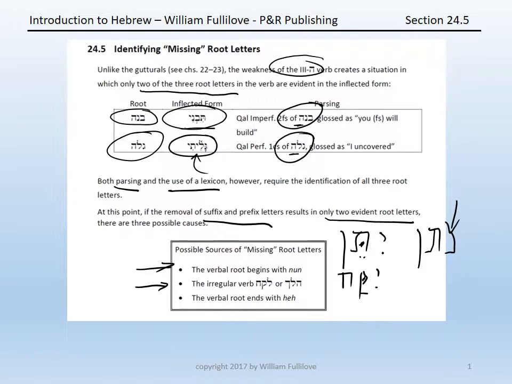Or halak becomes yelek in the imperfect. In these cases, you have to know the irregularity of the verb to know that the root you must look up is laqach or halak. Now, fortunately, each of these verbs is so common, and you know them from vocabulary, that you hopefully will not need to look in the lexicon for them.